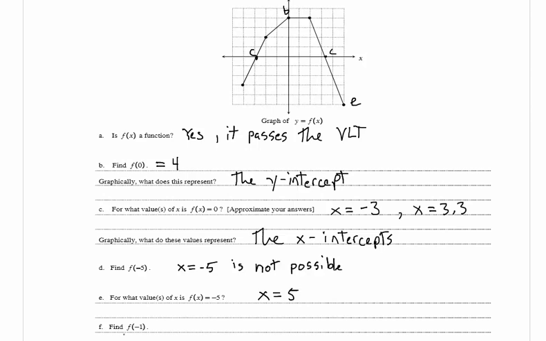In f, it says find f of -1. So we're going to go -1 to the left, representing our x value, and we're going to go up to the line, and we're going to find that it intersects right here at -1, 1, 2, 3, so -1, 3. So this point is f. When x is -1, then it's equal to 3.